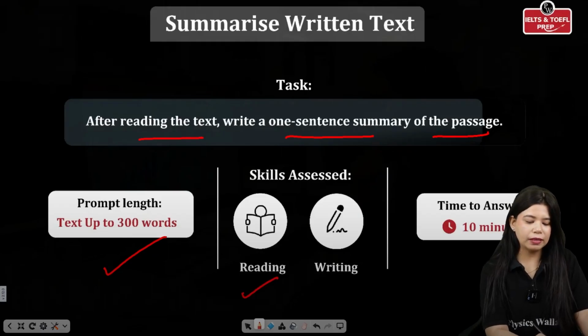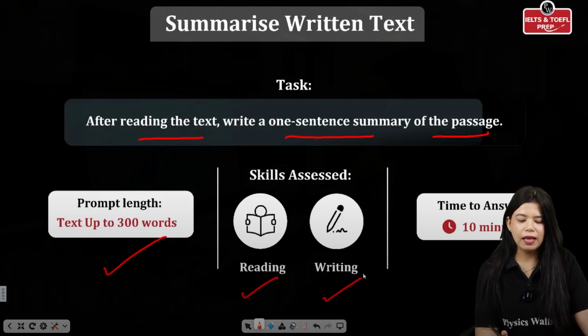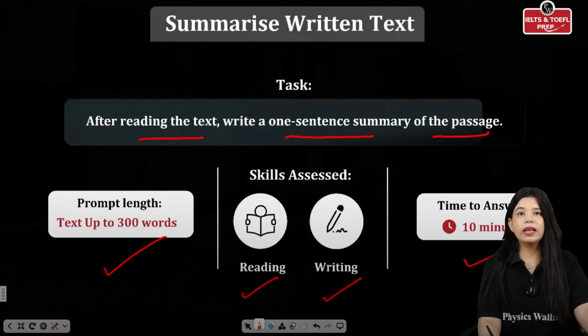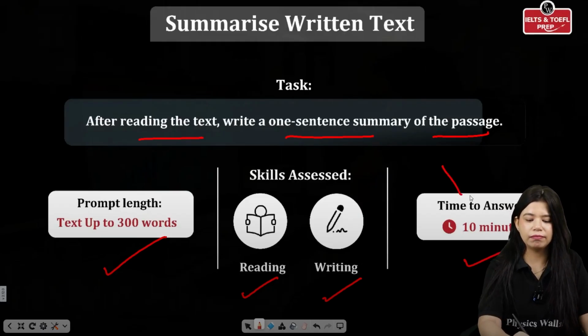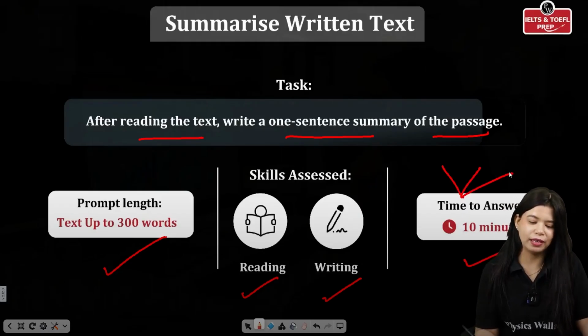So you will be assessed on your reading and writing skills for this question type, and you will be given 10 minutes to answer. It's very important to use that given time judiciously. I would say you should divide these 10 minutes in 3 segments.